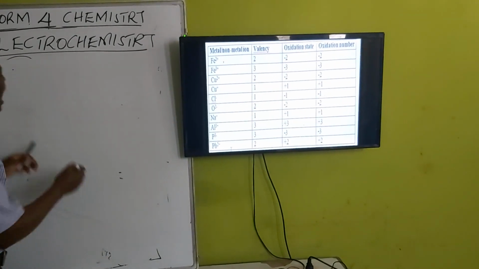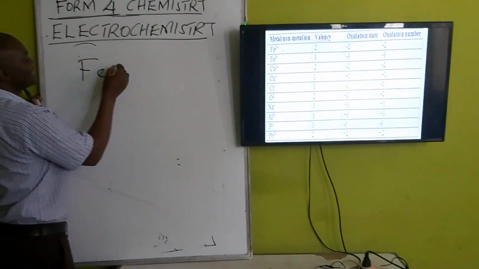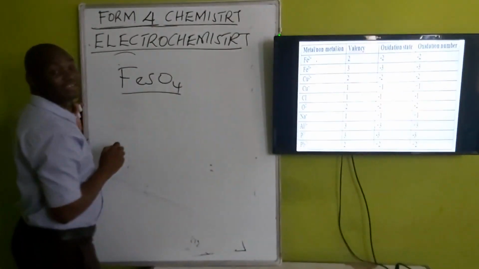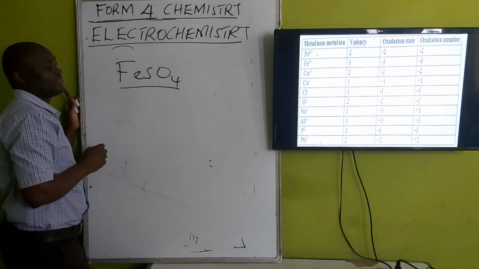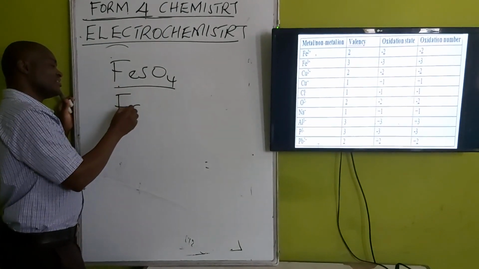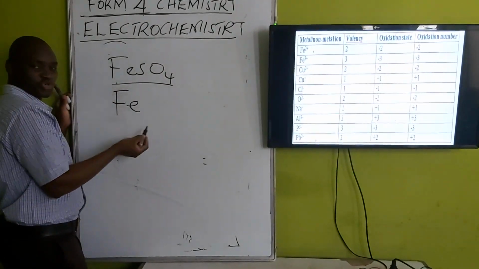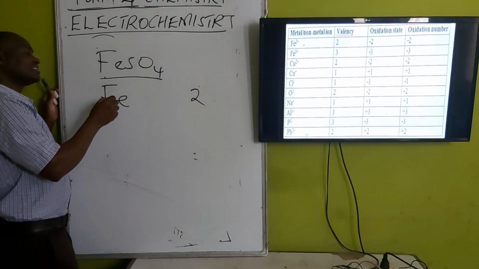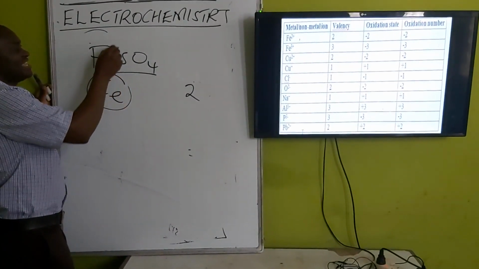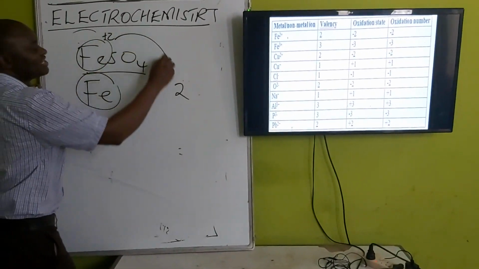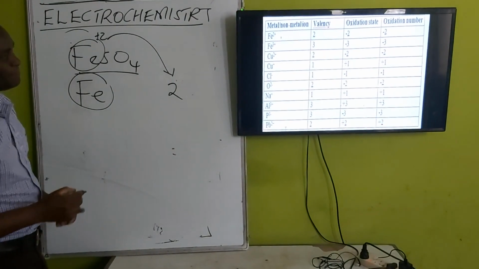A case where we have iron 2 sulfate, in the first column we have iron 2. The valency of iron 2 is 2, so the oxidation state of this ion is positive 2, equivalent to the valency.